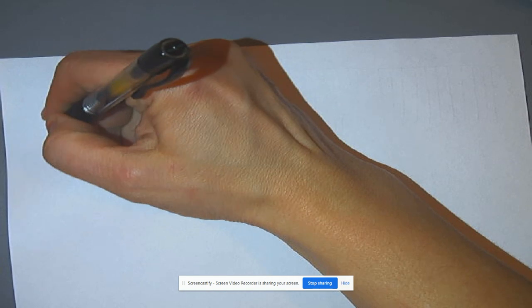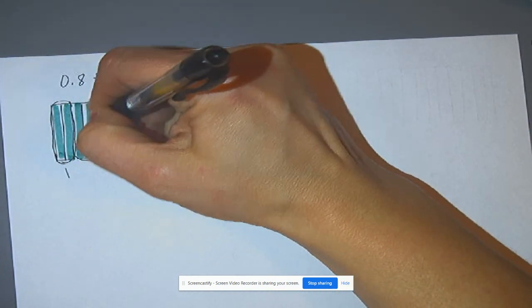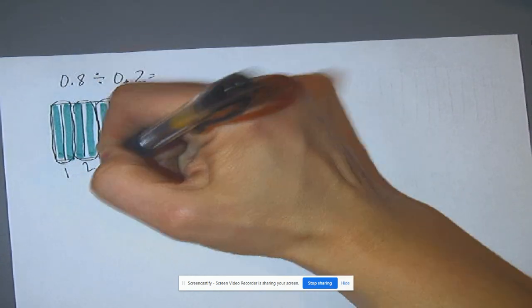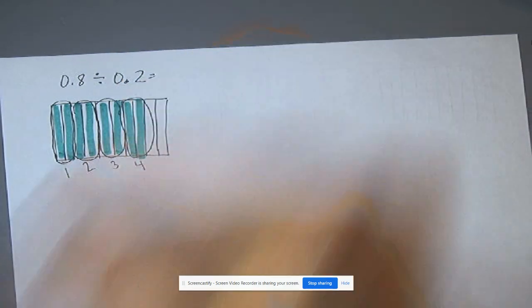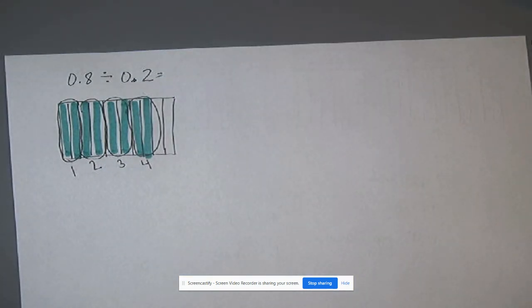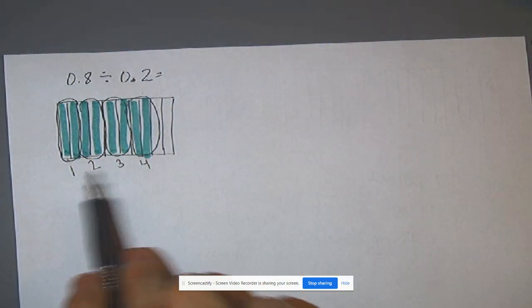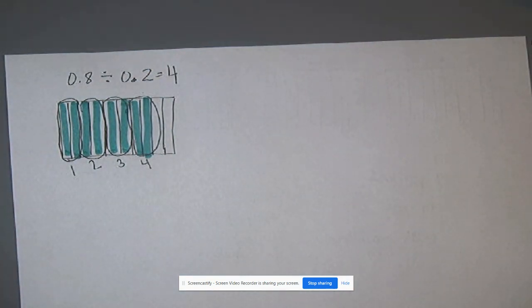Here's one group of 2/10, two groups, three groups, and it looks like we can do four groups of 2/10. Do you remember that? So 8/10 divided by 2/10 equals 4. That's the concept that we're going for, how we model it.